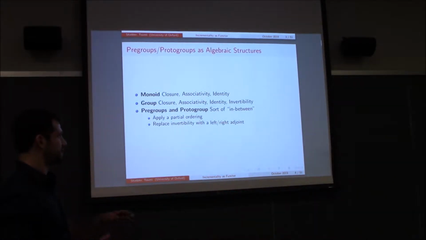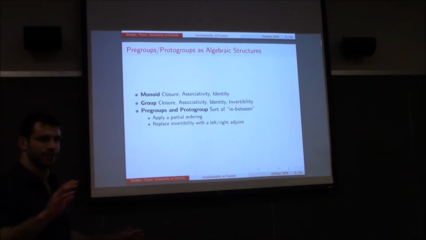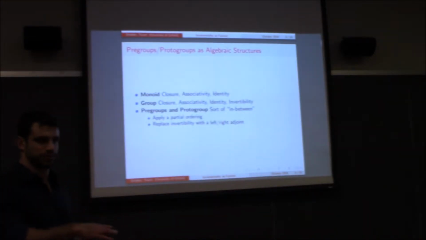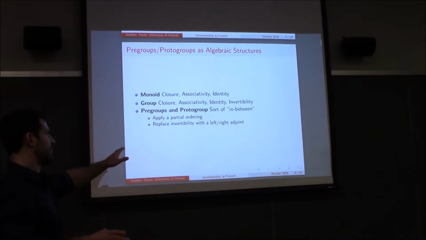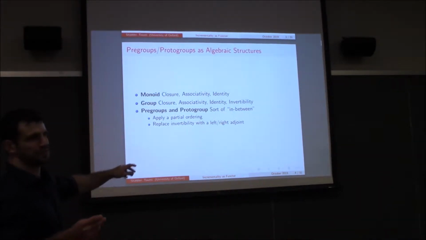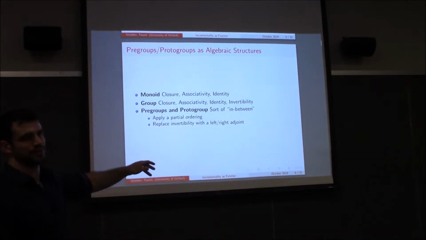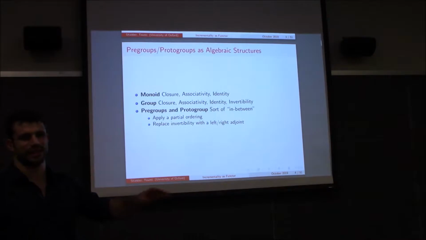So essentially, rather than having the invertibility condition of a group, we enforce a pre-ordering, or a partial ordering, depending on the definition, and you replace invertibility with right and left adjoints.